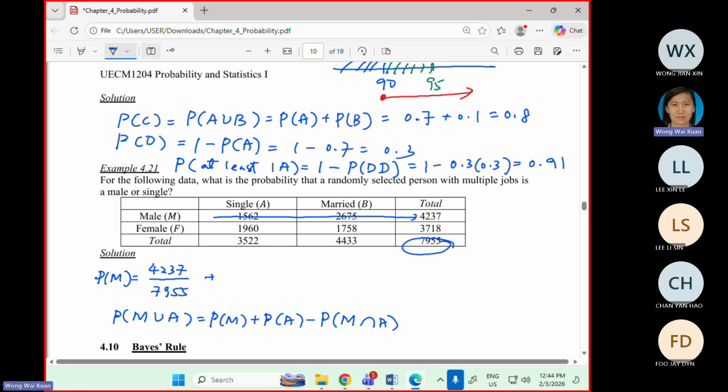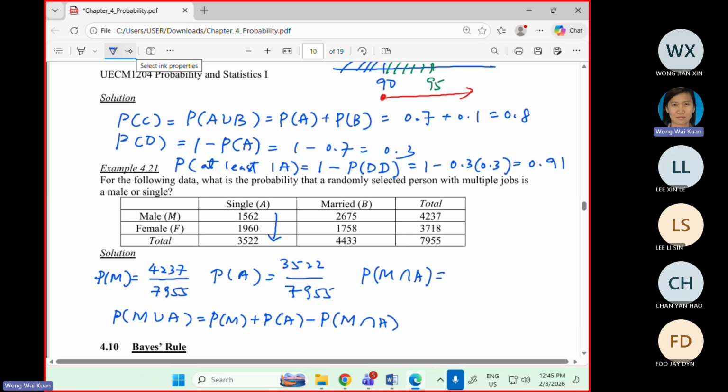Then what is the probability of A? Probability of A is this one, 3522 over 7955. Then what about the probability of M and A?